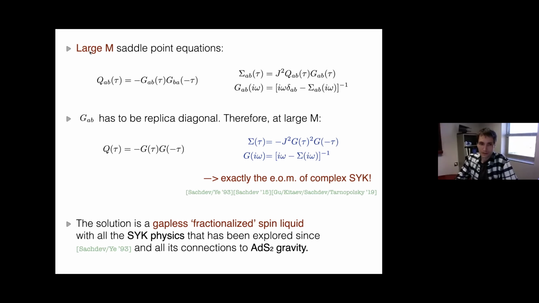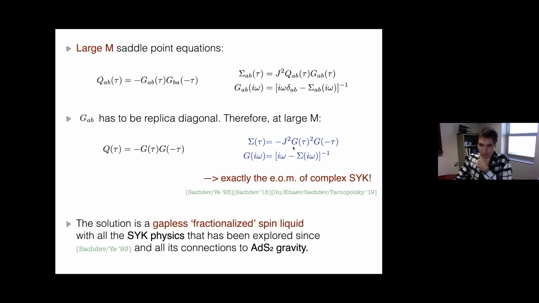So these large M saddle point equations impose replica diagonal solutions. So I can drop the replica indices, and then the equations take this form in the middle here. These are now the saddle point equations at large M along the replica diagonal components. And these are precisely the equations of the complex SYK model. So, in this set of self-consistent equations for G and sigma, I have already plugged in the value of Q here, so that the self-energy is GQ.